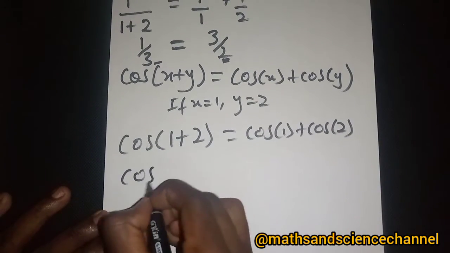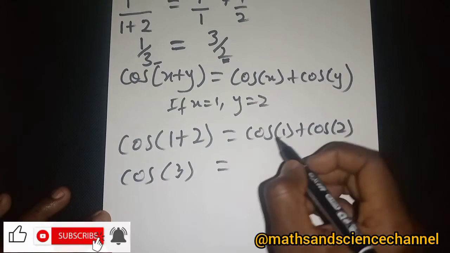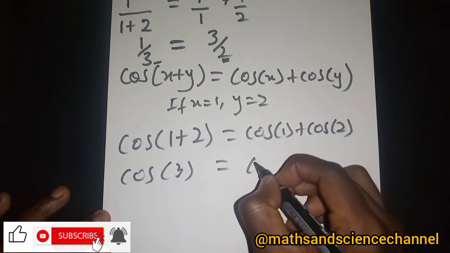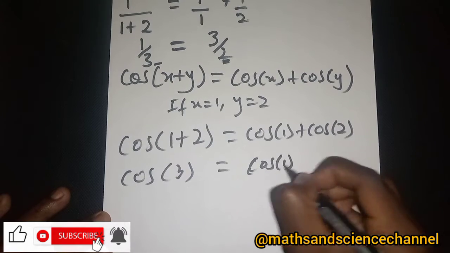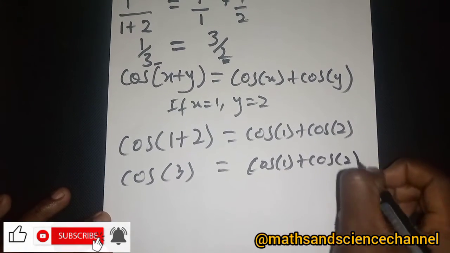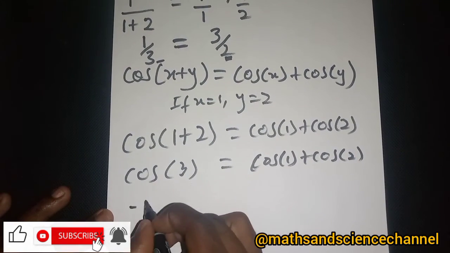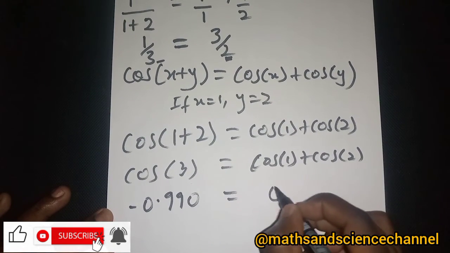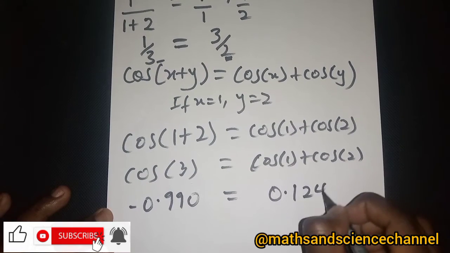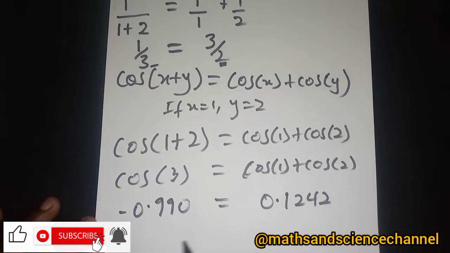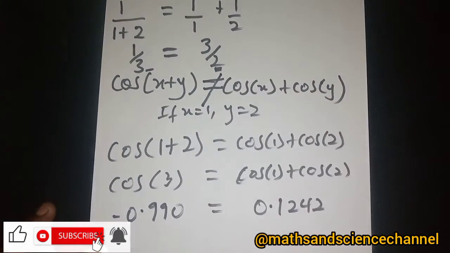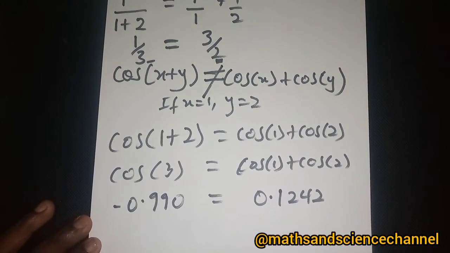So now we have cos 3, then cos 1 plus cos 2. Now cos 3 is just negative 0.990, and then we have 0.124. So you can see that over here too, they are not the same, and this is not equal to that.